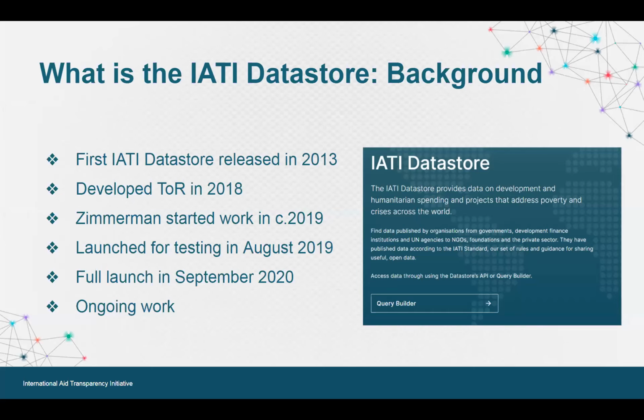From 2019 through to 2020, the data store was being built and rigorously tested by both the IATI Secretariat and known IATI data users. We were keen to ensure that everyone using the old data store could transition onto the new data store with minimal disruption. This testing phase became public in August 2019 and has led to our full launch, which happened in September 2020.